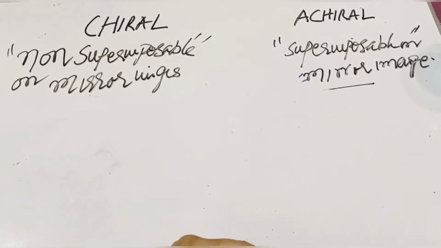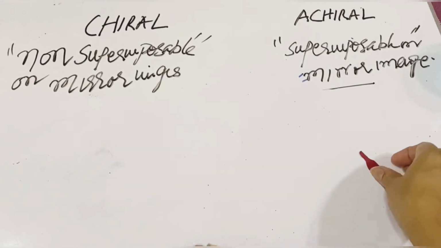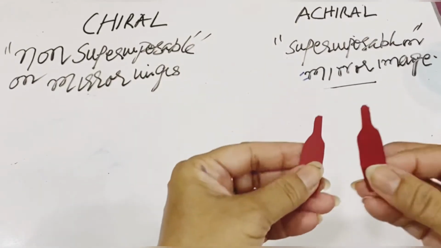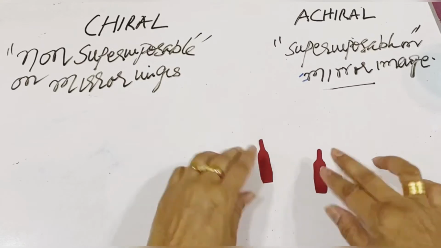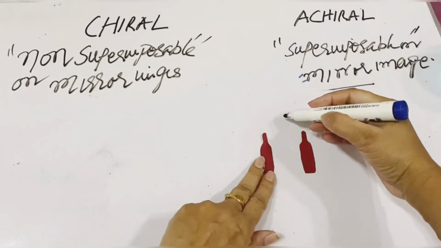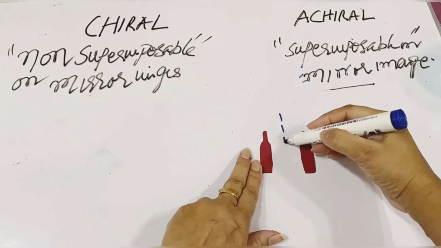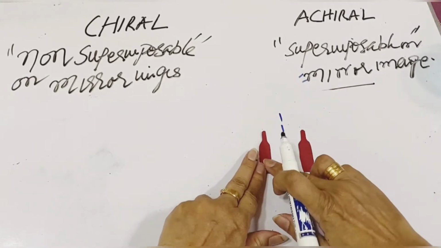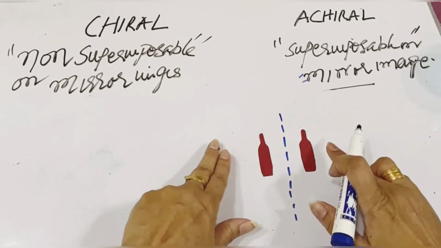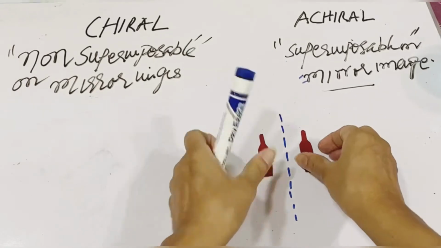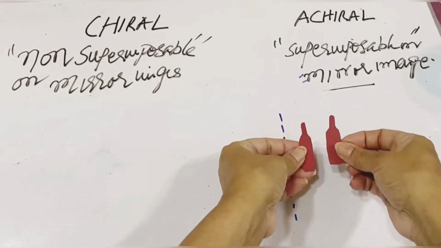Now there are many examples. For example, you can take these 2 bottles. If you have a mirror plane between them, you will see the left hand bottle and its image on the right hand side, and if you superimpose them, they are just the same.